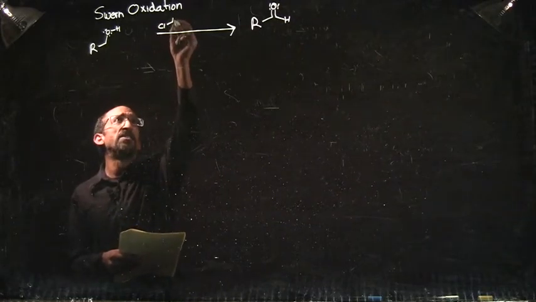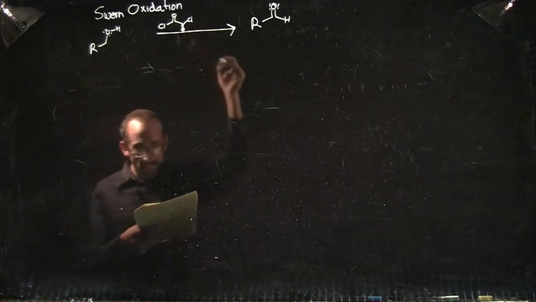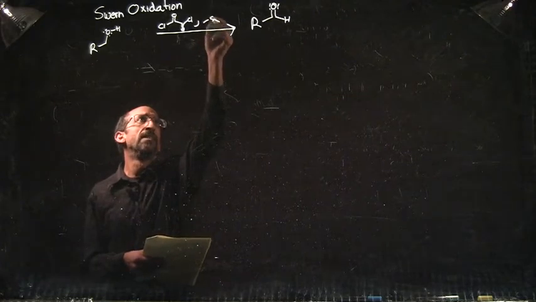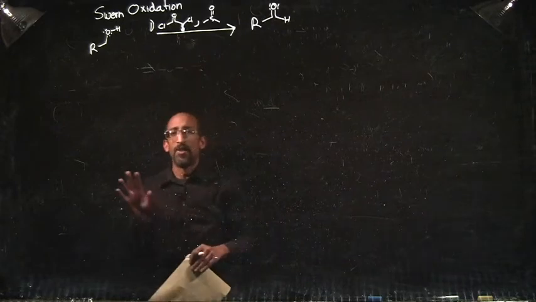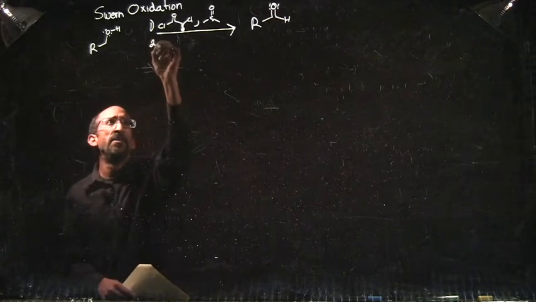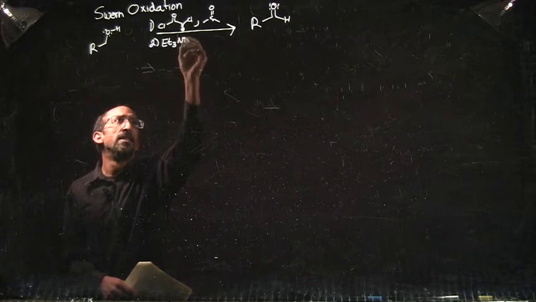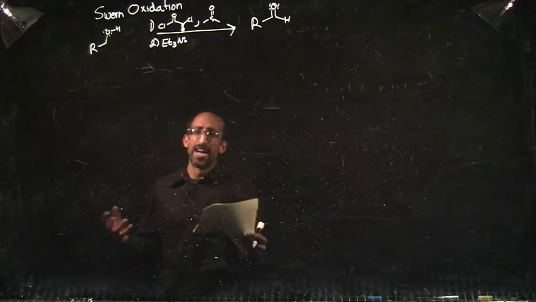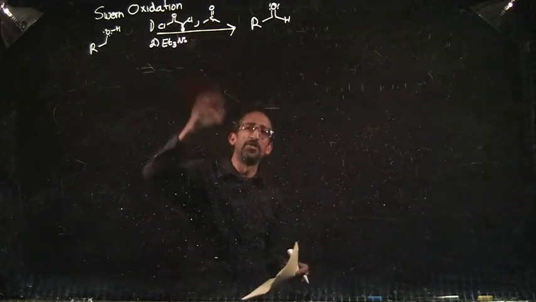One of them, oxalyl chloride. And with that, we're going to need some dimethyl sulfoxide. These two reagents are added to our alcohol in our first step. We let them do their job, and then afterwards we add in triethylamine. And out the other side, we'll get our aldehyde, all in one reaction vessel. We just have to give oxalyl chloride and DMSO a chance to do their job first.